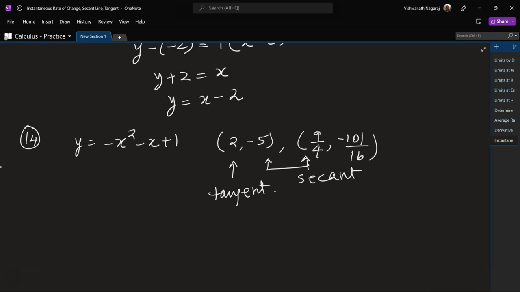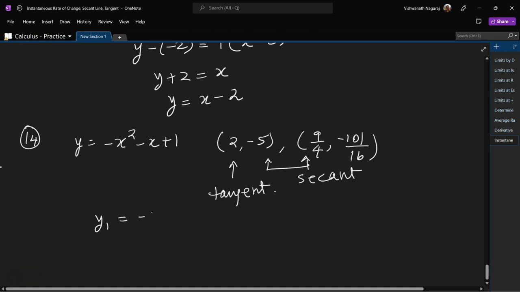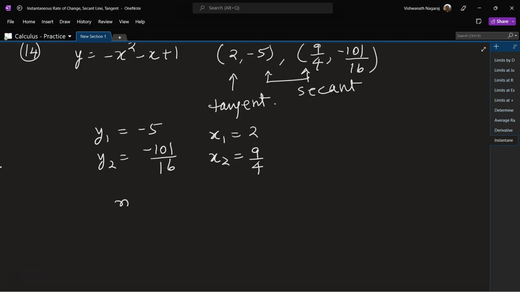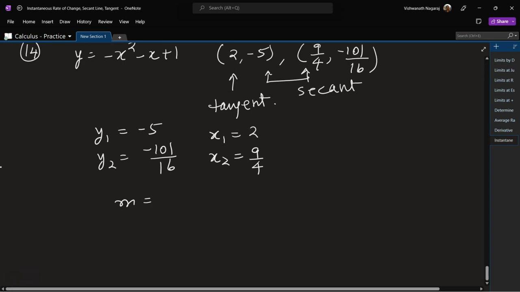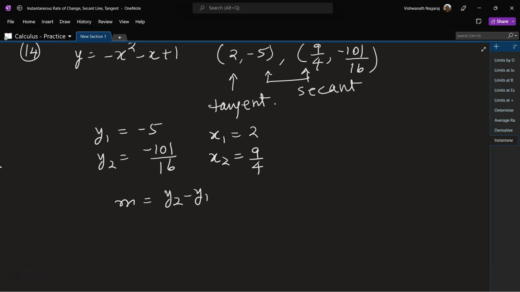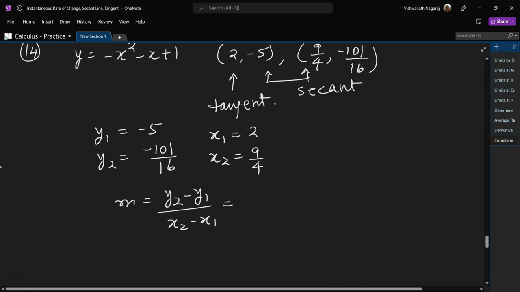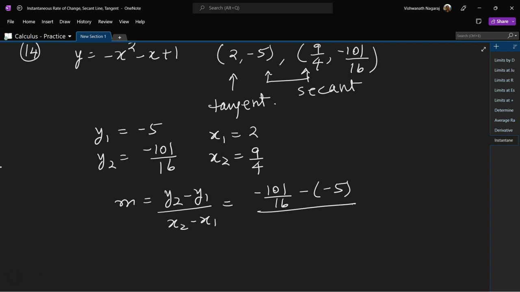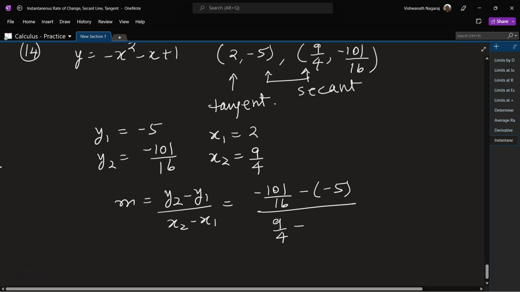Okay, so first let's look at the secant line. So y1 is equal to minus 5, y2 is equal to minus 101 by 16, x1 is equal to 2, x2 is equal to 9 by 4. Now the slope between these 2 points is going to be y2 minus y1 by x2 minus x1. So that gives us minus 101 by 16 minus minus 5 by x2 minus x1.